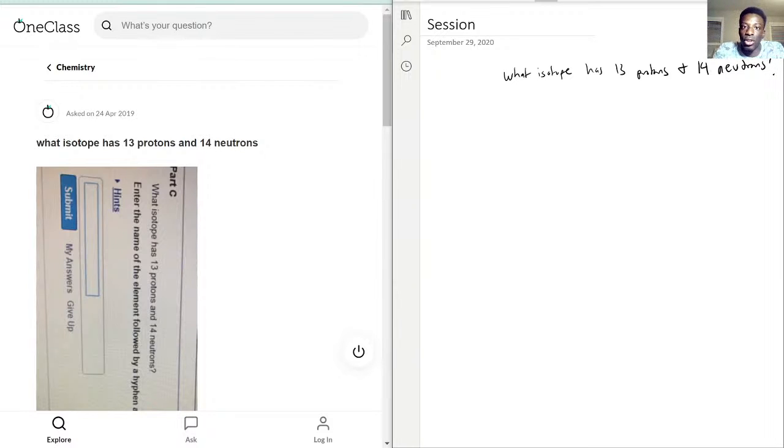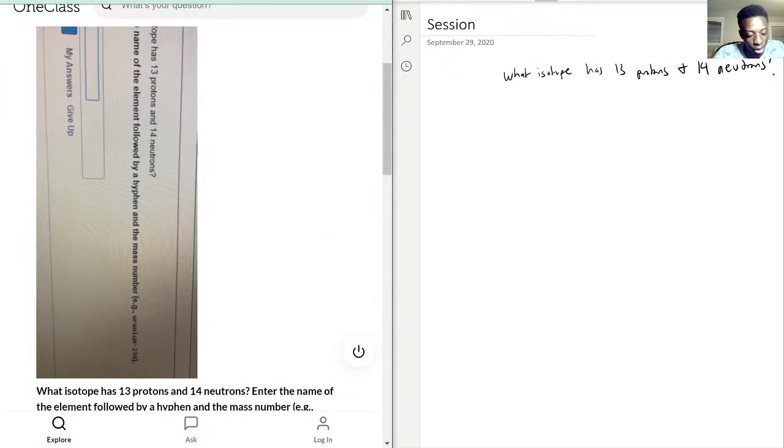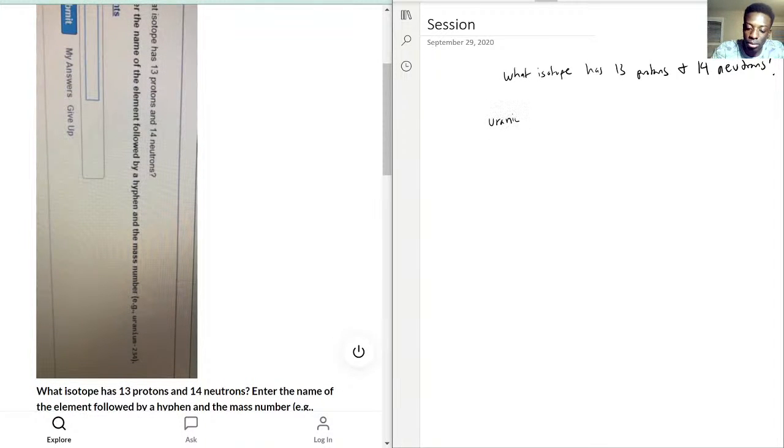So the way we solve for these questions, it's an isotope. Easy way to remember it, and they do give you a hint of what it looks like. The answer is supposed to look like the element and then their atomic mass next to it.